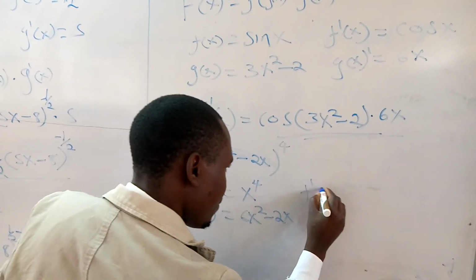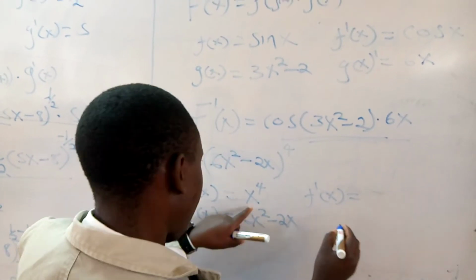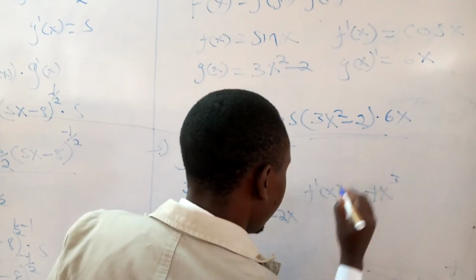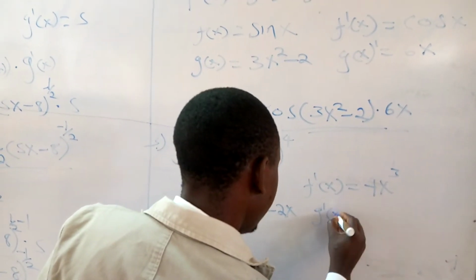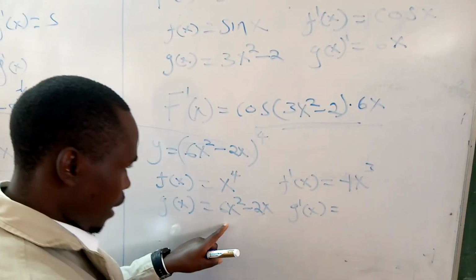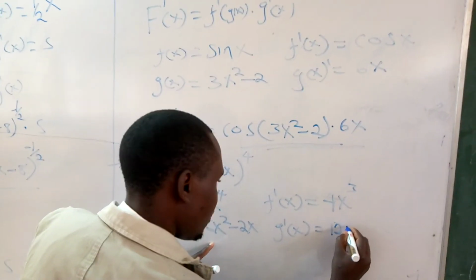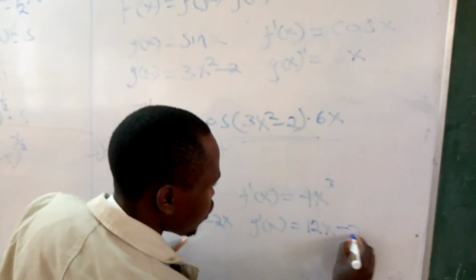Then f prime of x is 4x raised to 3. Then g prime of x, I differentiate this one, it will be 12x minus 2.